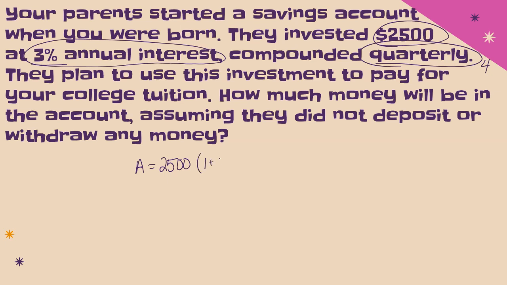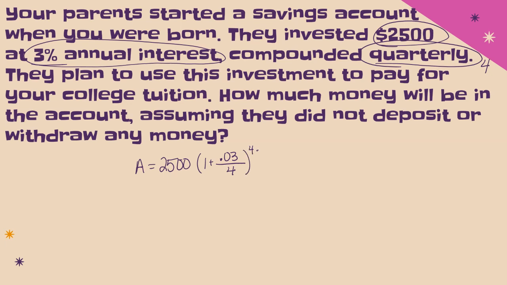Our percentage rate is 3%, so 0.003, right? No, 0.03, I'm sorry. See, even I make mistakes sometimes with getting the right percentage rate down. We're going to divide that by 4 because it's quarterly.